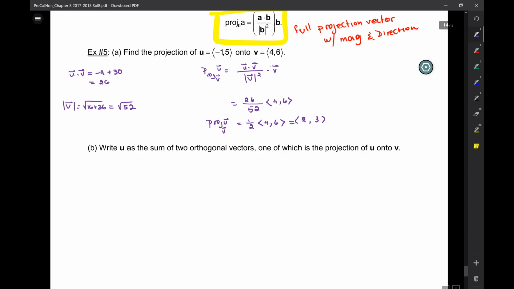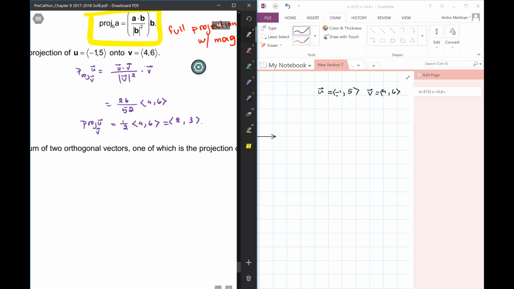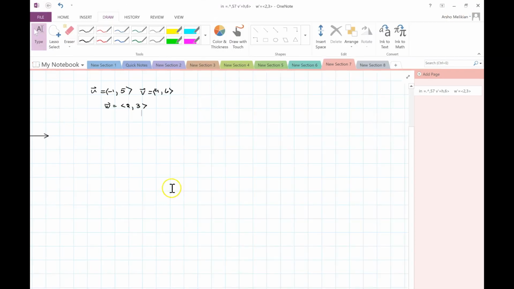Now, we're going to do something here. All right, so we have vector U and V. This new vector, I'm just going to give it a name, W, just so it's easier for me to refer to it. So W is the projection, and it's 2, 3, right? Okay, so now take a look at what we're going to do.